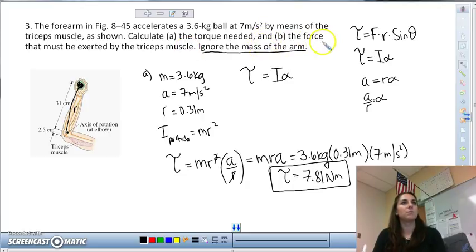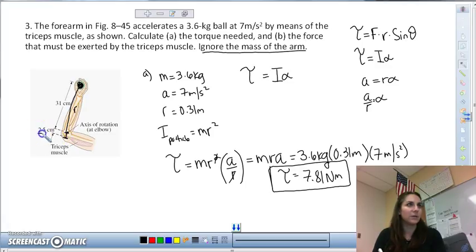But now part B is the force that the tricep muscle must exert. So here's the difference. The tricep muscle is at a distance from here to the tricep right there. You see that?